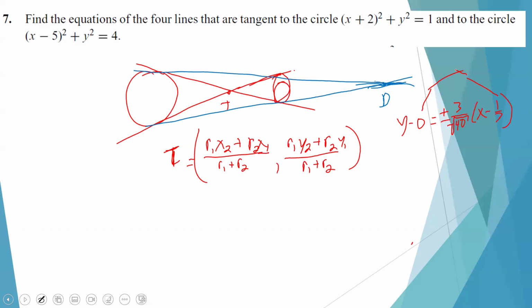And then for D, D is going to use the same idea, R1 x2 minus R2 x1 over R1 minus R2, right?